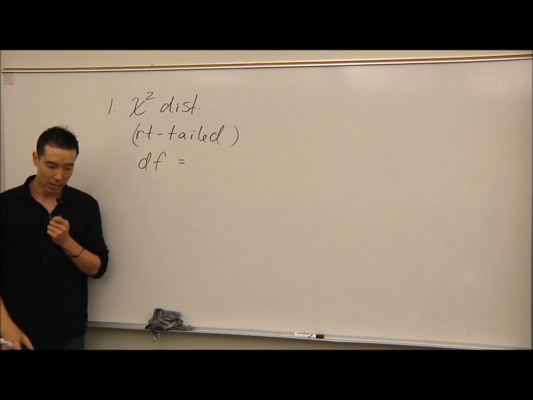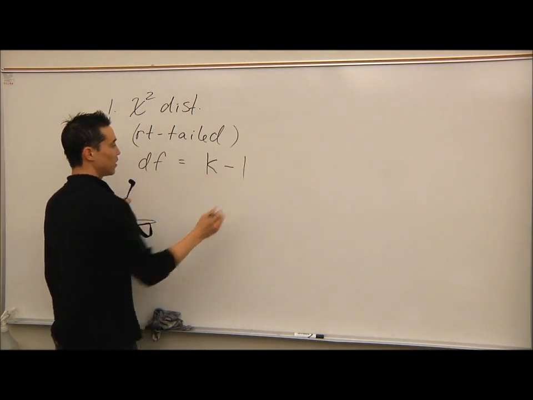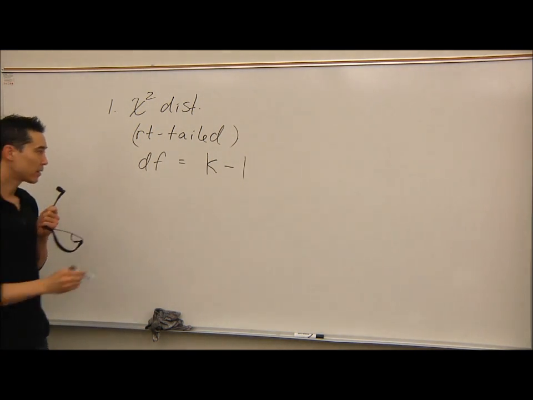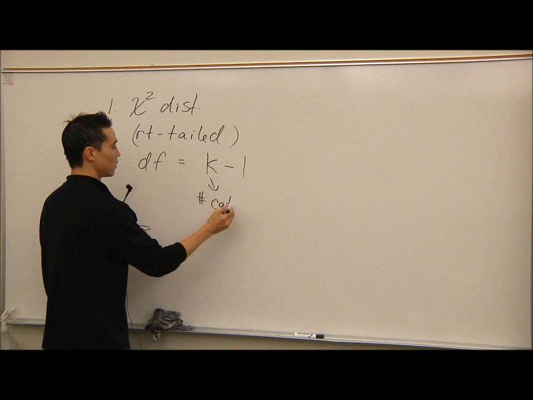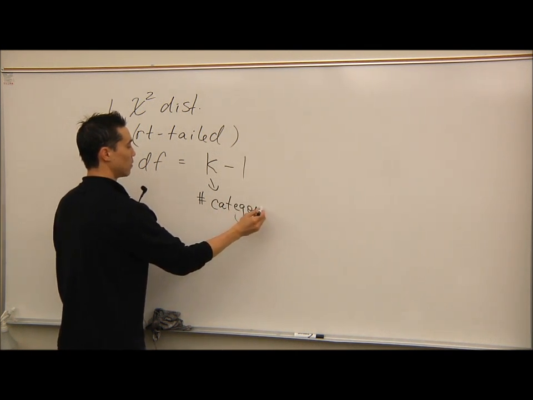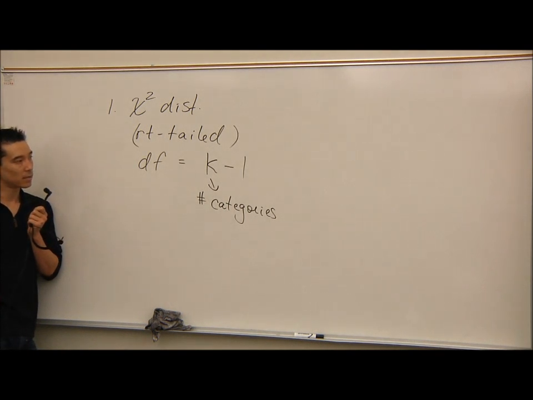This degrees of freedom is k minus 1, not n minus 1. And k stands for the number of categories. So for this test, the degrees of freedom is k minus 1, and k is categories.